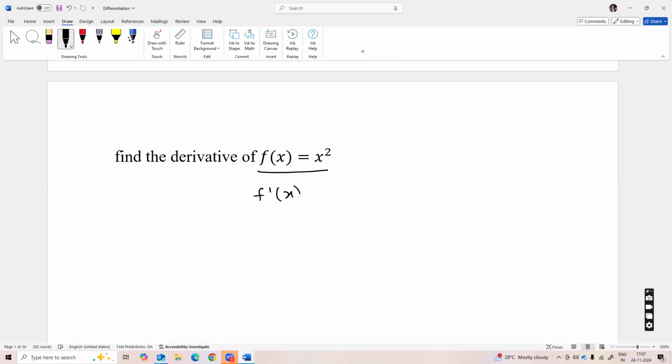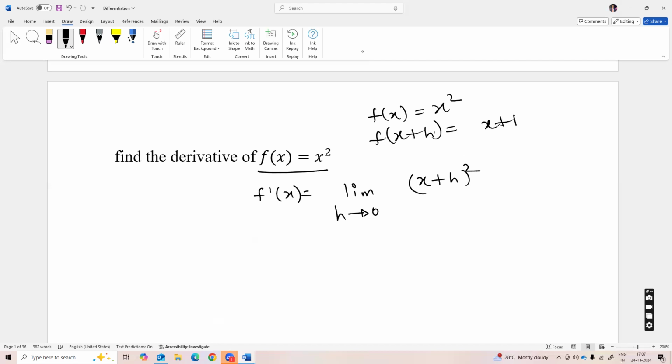Then f dash of x will be limit h tends to 0 of x plus h whole square, because since f of x is x square, f of x plus h is x plus h whole square, minus f of x, so minus x square, divided by h.